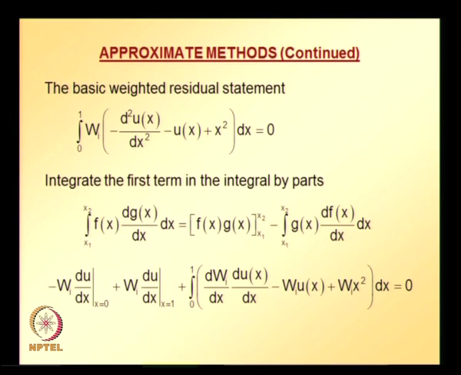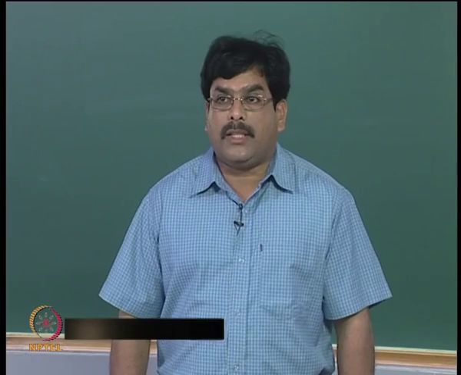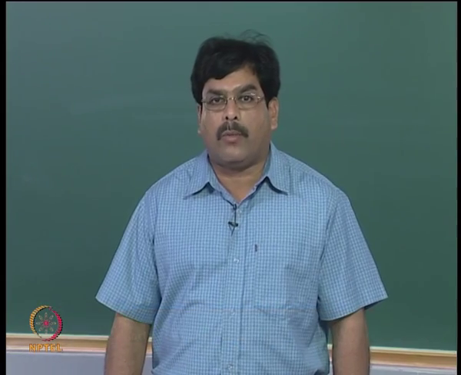If you see this last equation, you can see that the demand on the starting trial solution is reduced. So we can work with the last equation, and if we do, we can even solve this problem using a linear trial solution. So that is the advantage of the modified Galerkin method. So this is what the modified Galerkin method is, and at later stages, whenever we refer to the Galerkin method, that refers to the modified Galerkin method.